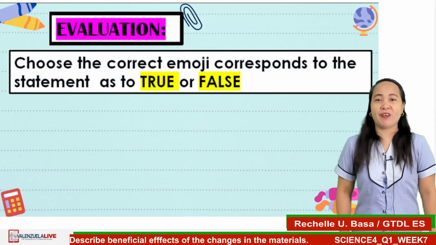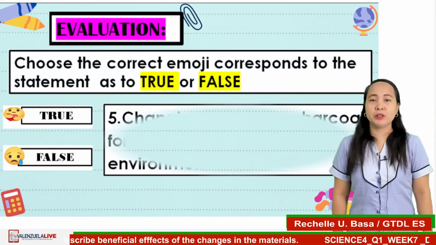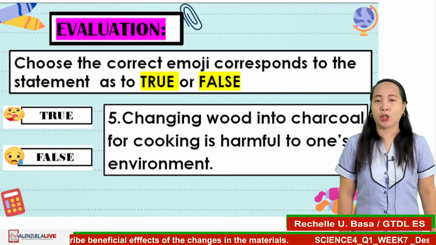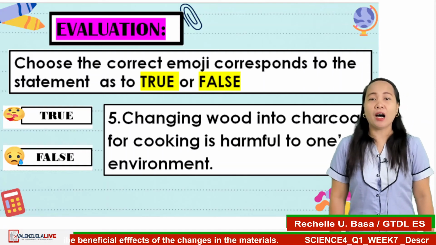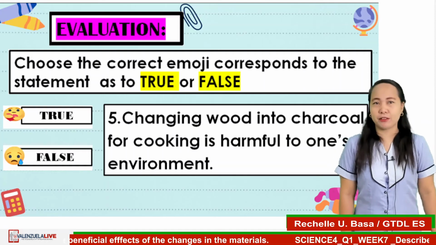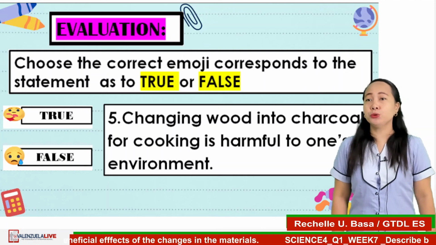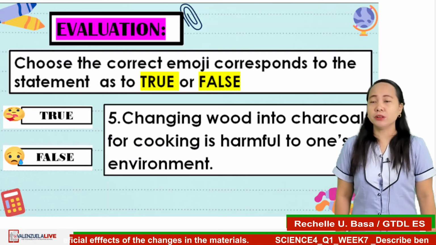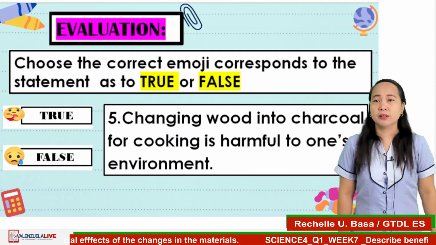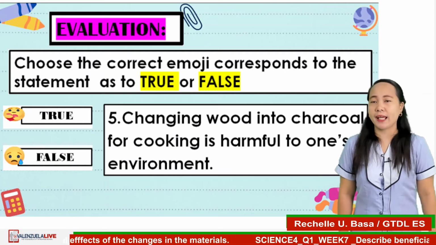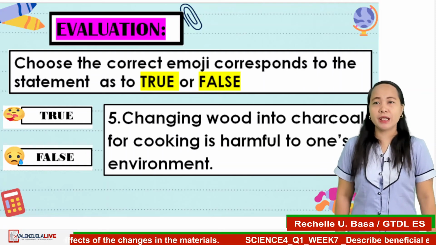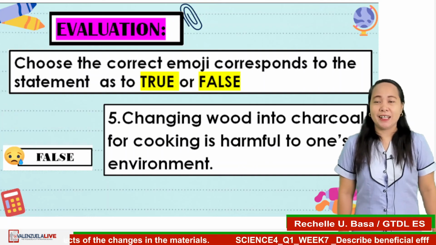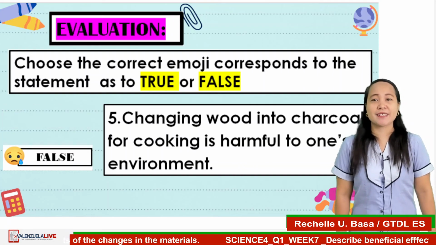And for number 5, changing wood into charcoal for cooking is harmful to one's environment. Is it true, love icon or care icon? False for sad icon. Type your answer now. Very good. It's false.